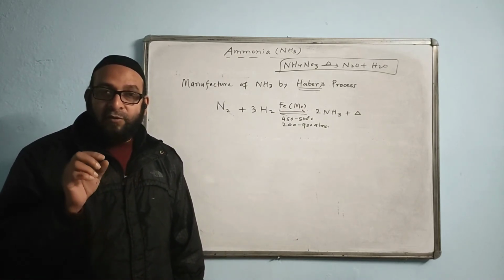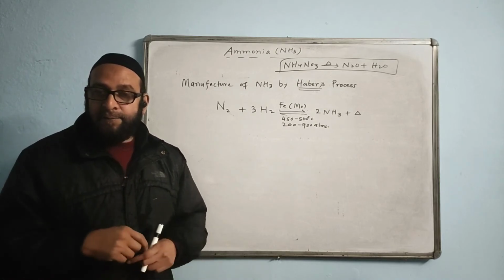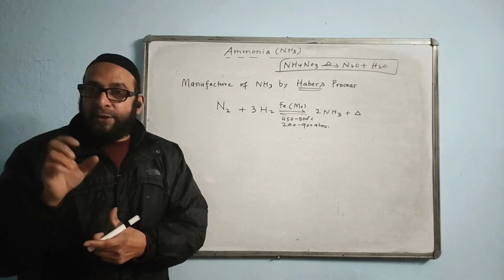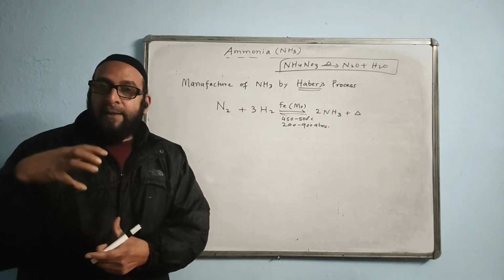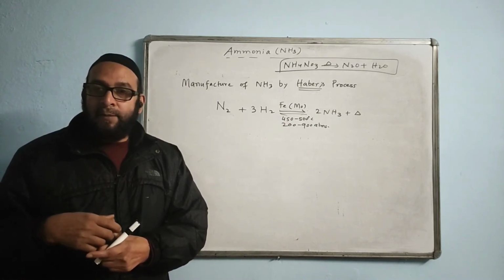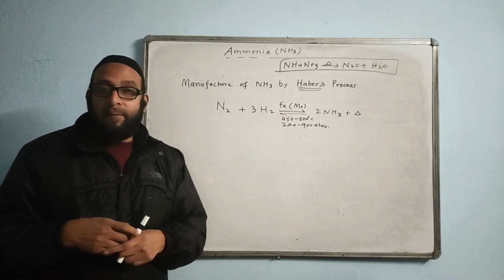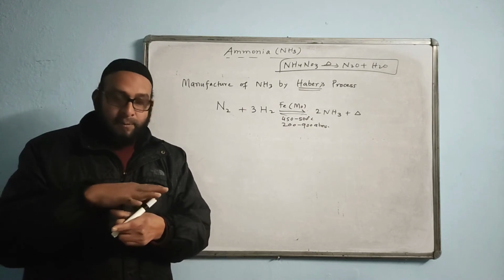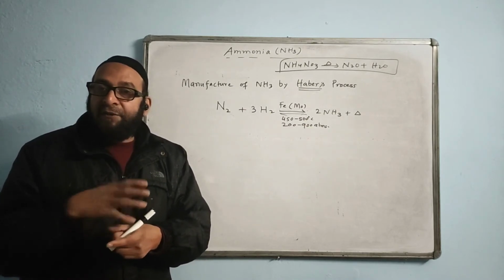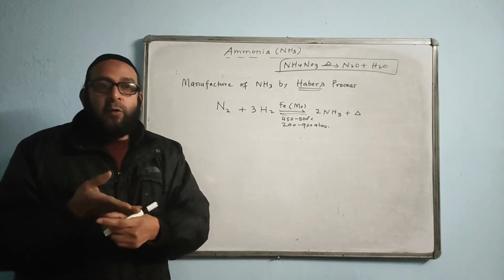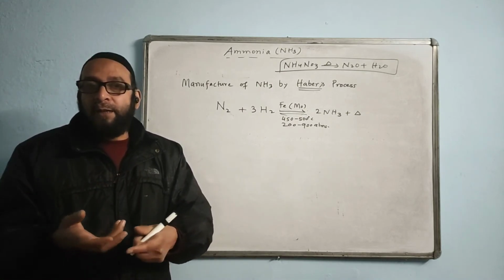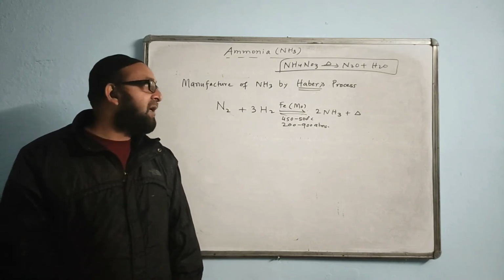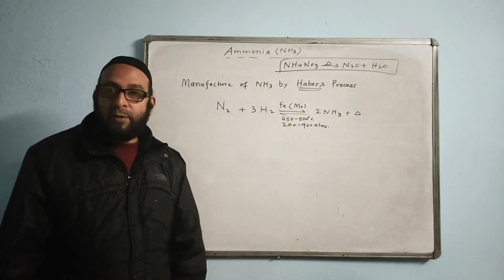There may be impurity present in it, and due to impurity it gets poisoned. It does not function properly. There we have to use molybdenum as a promoter, because the promoter will make the catalyst free from impurities. Now there is no impurity, so it will act properly and become efficient. So it increases the efficiency of the catalyst. That is the role of a promoter.